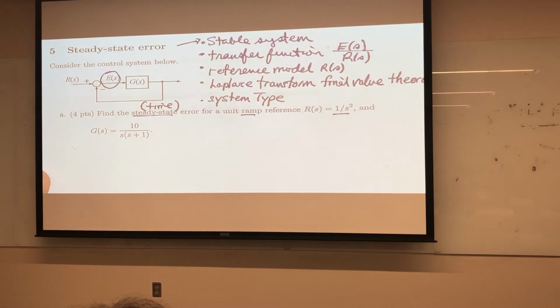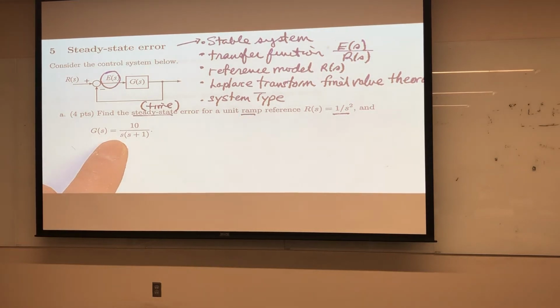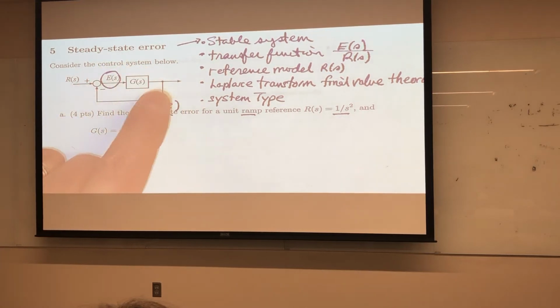The first problem looks at the steady state error for a unit ramp reference, and what is given here is the model of just this block alone. But we're looking at the behavior of a control system given that we know this model.